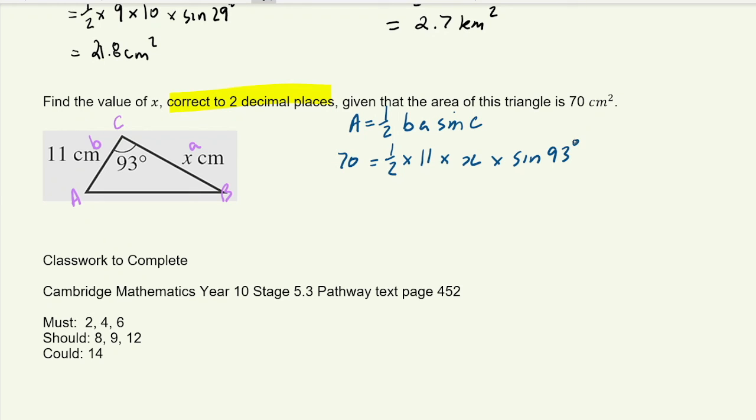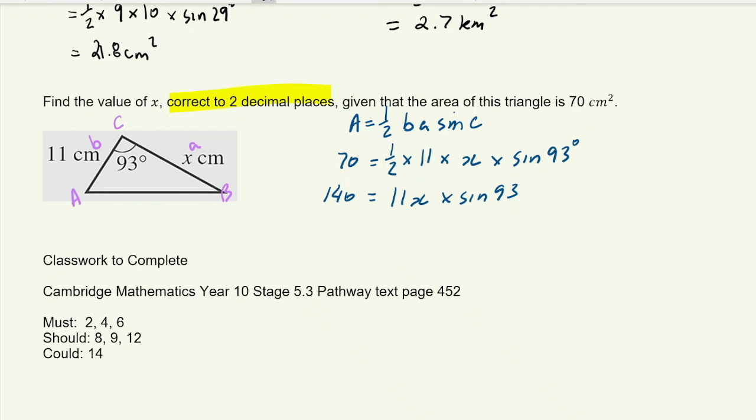Let's chuck in our little degree sign. Now that's going to make life a little bit wonky. So let's divide by half, which is just multiplying by 2. Which is going to give us 140 equals 11x times sine 93.